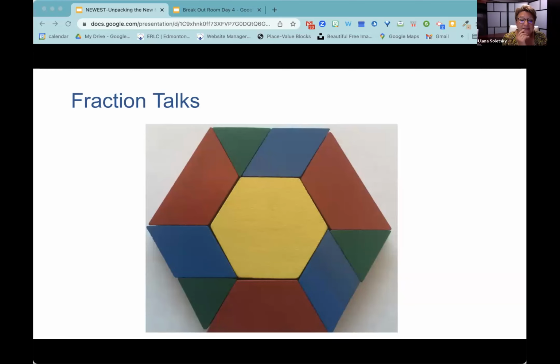The green is 1/24th? Yes. How many greens do you have? In total it's 3. So 3 24ths. Oh, that's how you wanted to see it.